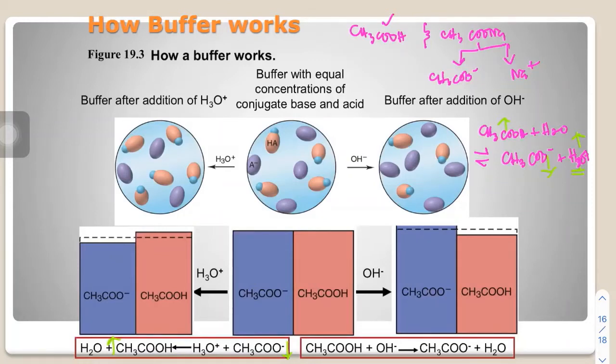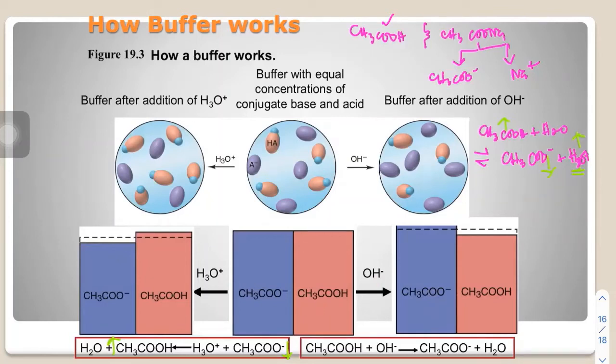And what happens if a base is added to the buffer system? When a base is added to the buffer system, we are actually adding hydroxide ion. We have to decide whether the hydroxide ion reacts with the acetate ion or acetic acid. Since hydroxide is a base, it will react with the acetic acid.